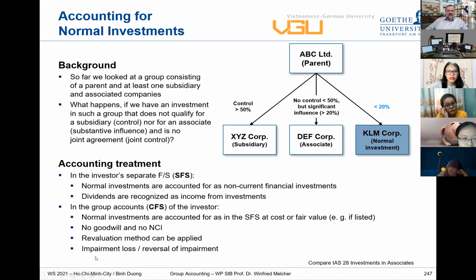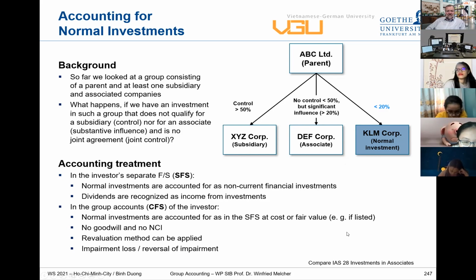And if the situation gets better, then of course you have to reverse that impairment. So that is also then shown as an income from a reversal of impairment of a normal investment. And that is basically it. So that's the accounting treatment for a normal investment.